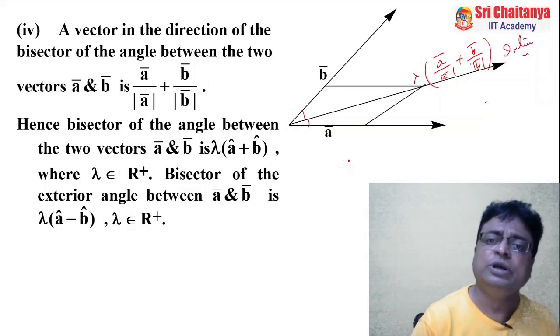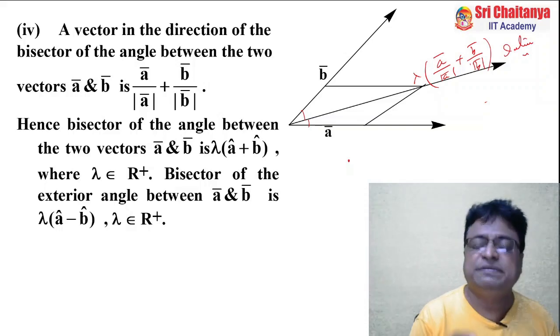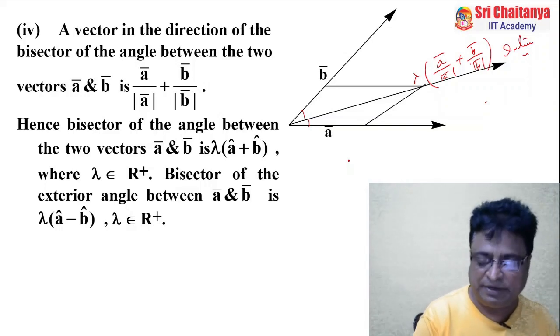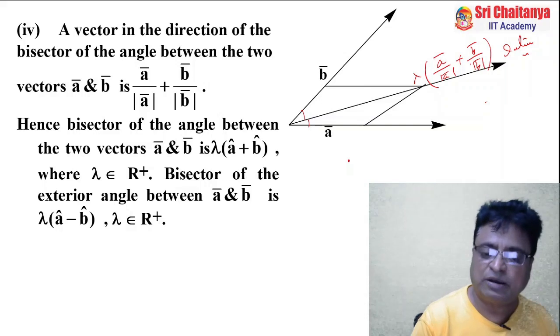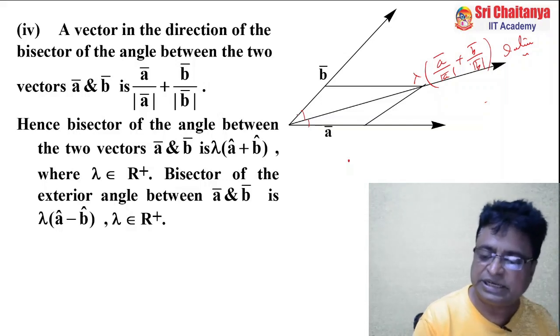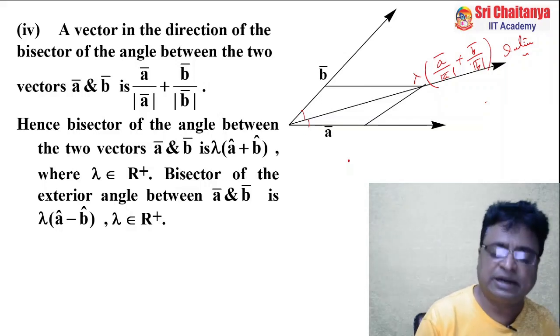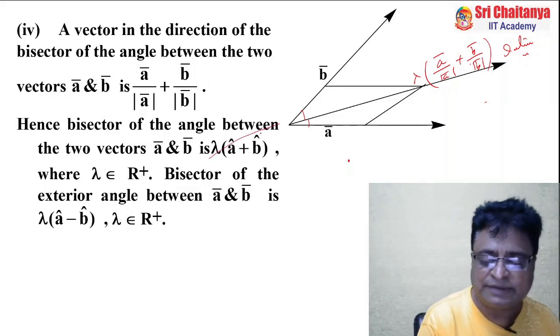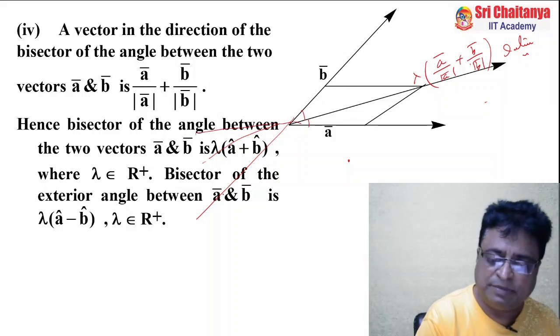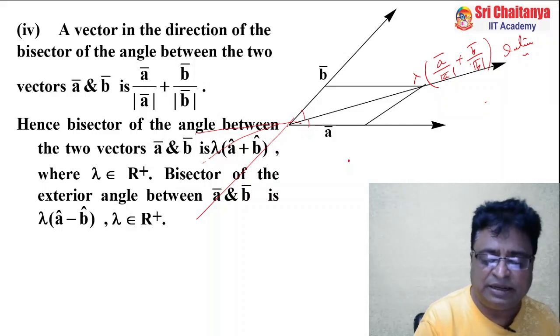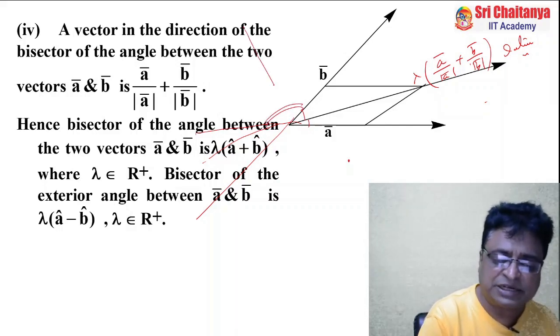For any two non-zero vectors with some angle between them, two angular bisectors will exist. Of that, one is the internal angular bisector. And suppose I extend the vectors like this, this is b bar and this is a bar, and this is the angle between them. This is called the external angular bisector.